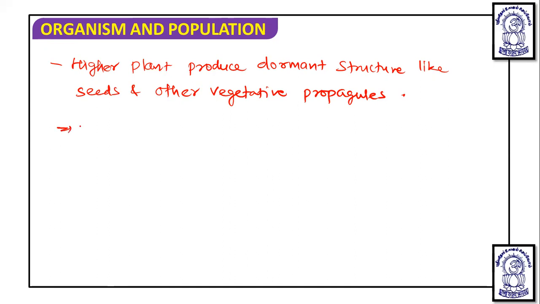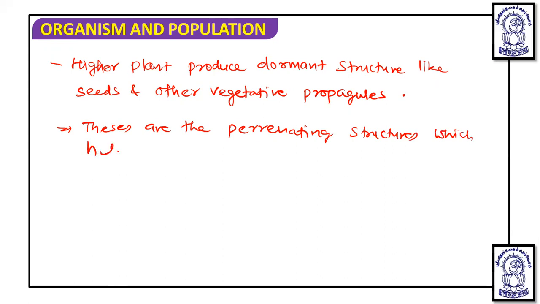So these are the perennating structures which help to overcome unfavorable conditions.